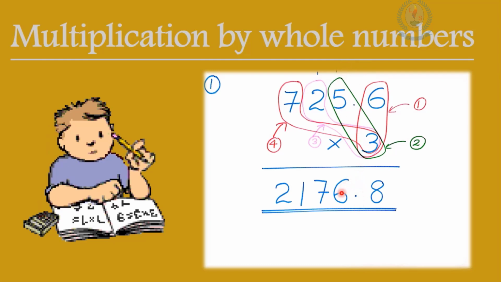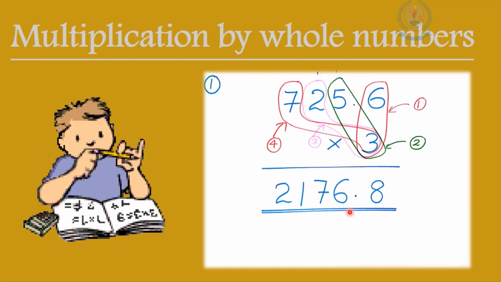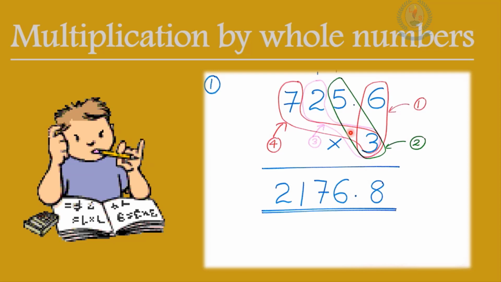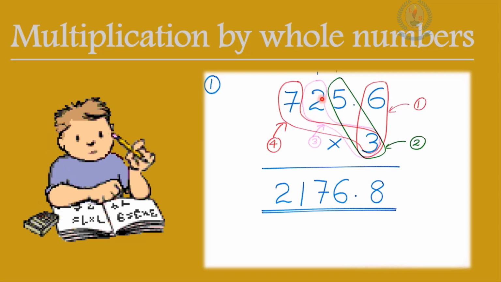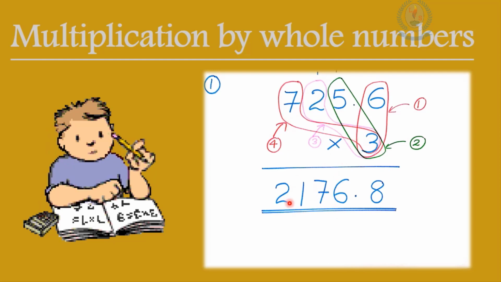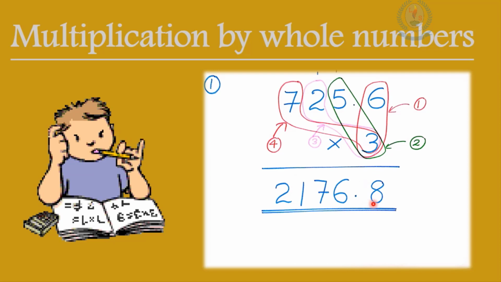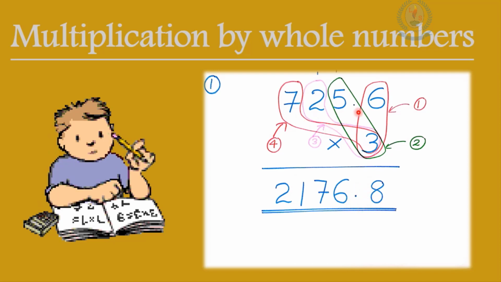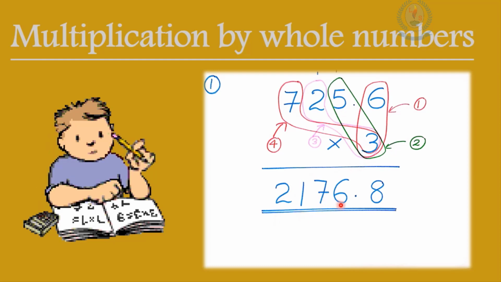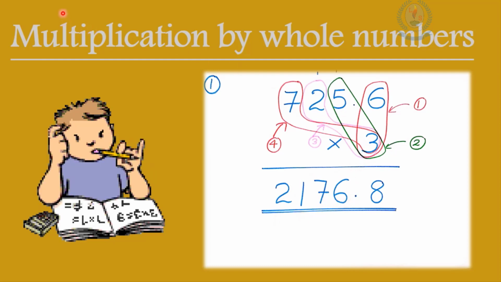From 16 also we can't keep the whole 16. We keep that 6 and take the 1 to the other side. Then 3 times 2, 6, and that 1 means altogether 7. Then 3 times 7, 21. Don't forget to keep the decimal places when you are multiplying decimals by whole numbers. Right? Then the answer is 2176.1.